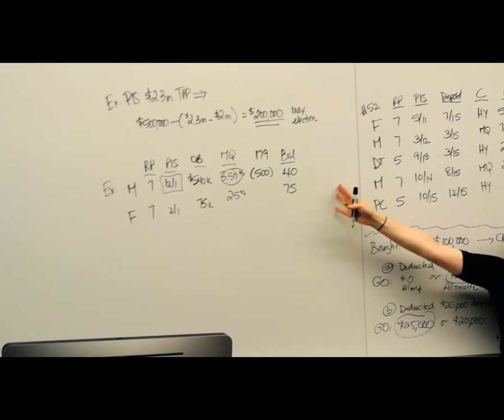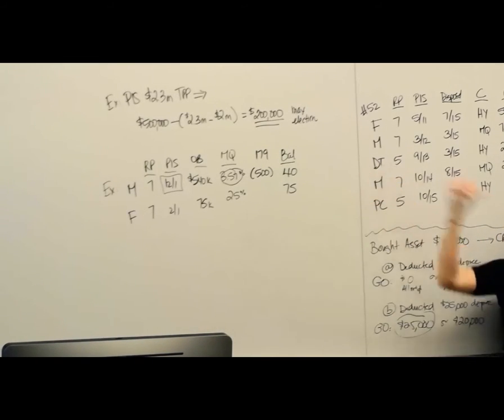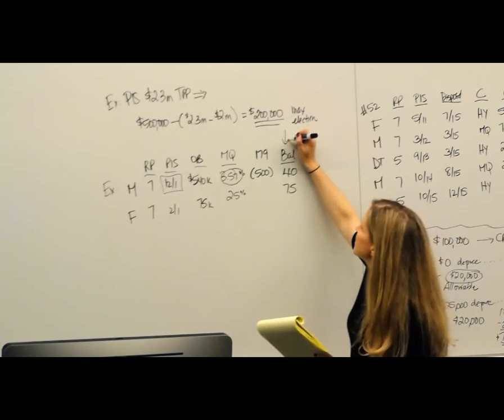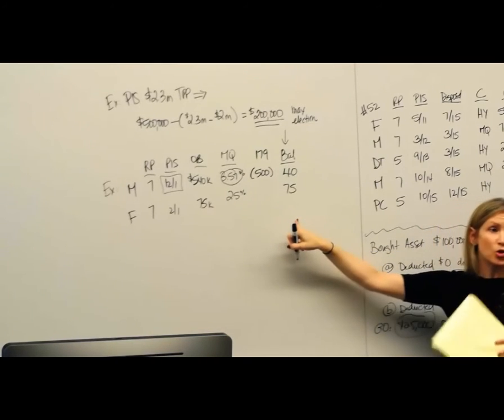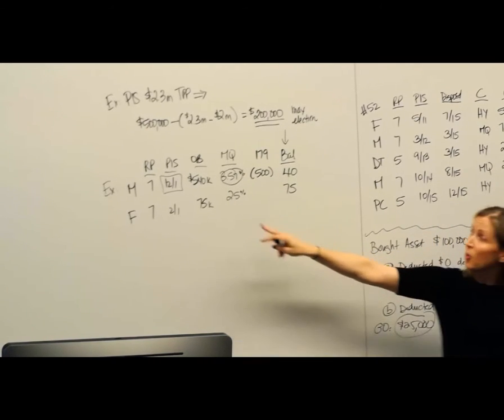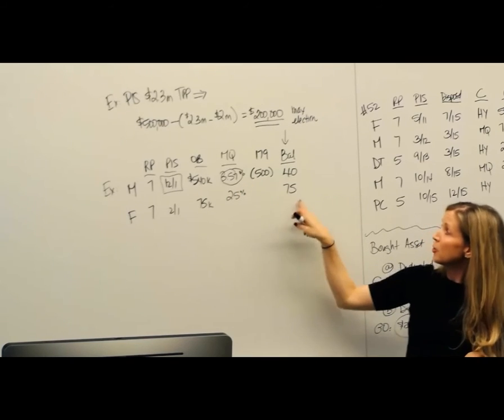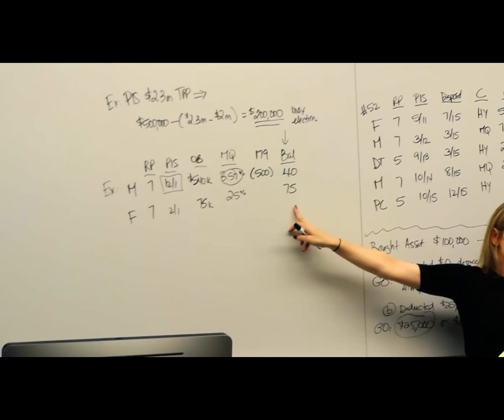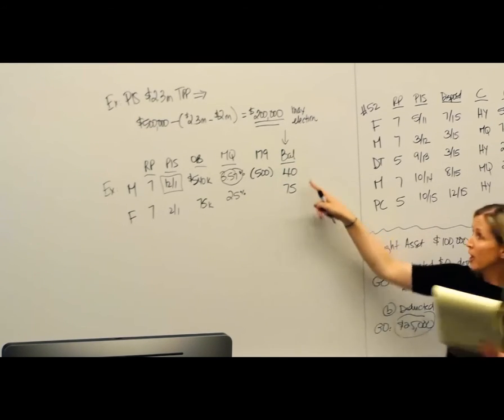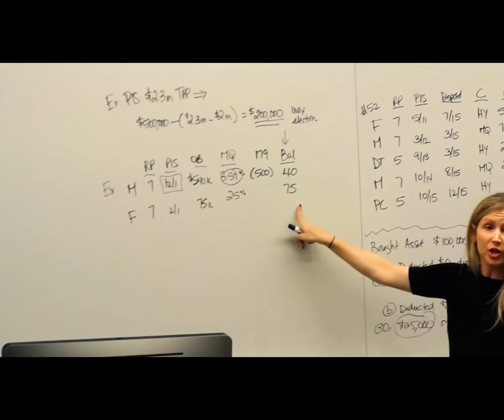Now, at this point, I would calculate my MACRS depreciation, what we've done up until now. Okay? The point I'm making here is, guys, when you get to this point, you have to reassess your conventions. Because we were on the mid-quarter basis, but if you look at this now, we're no longer gonna be on the mid-quarter convention, okay? We are now gonna flip over to a half-year convention. 40 over 75, guys, is only 35%.